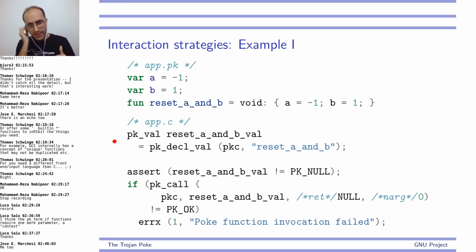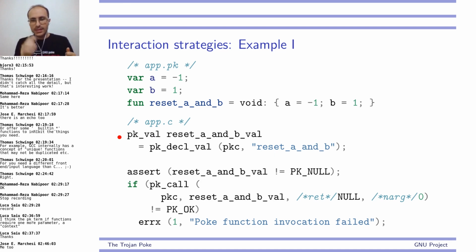So first of all, I have to get a handle to my function, reset A and B, using pk-decl-val, which asks the compiler, hey compiler, give me reset A and B, and it is a pk val because everything is a pk val.